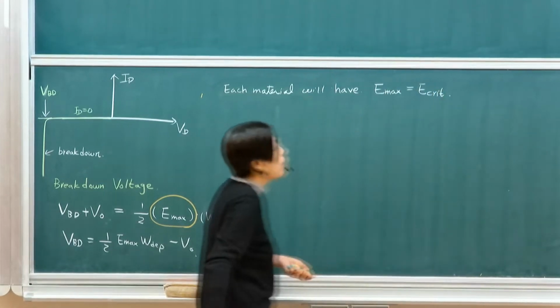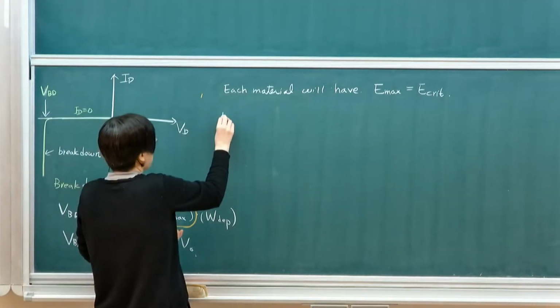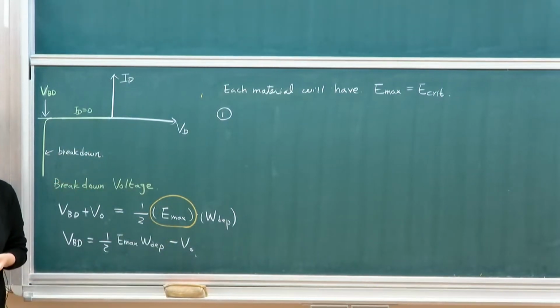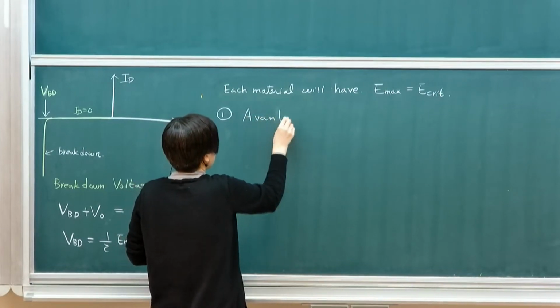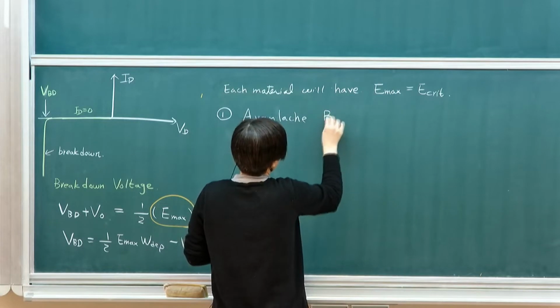If you look at a material table, it will tell you its maximum endurable electric field, there's a limit on that. The basic mechanism, there are actually two mechanisms. E max is limited by what we call avalanche breakdown.